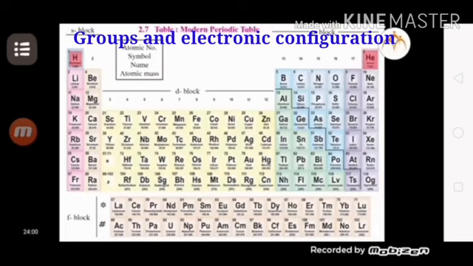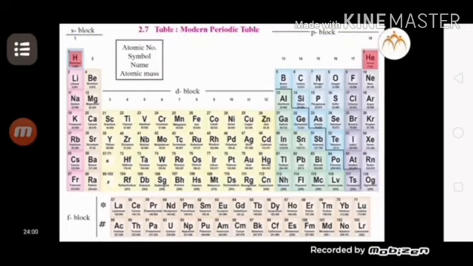Groups and electronic configuration. The number of valence electrons in elements from group first, that is the family of alkali metals, is the same. Similarly, if you look at the elements from any other group, you will find the numbers of their valence electrons to be the same.